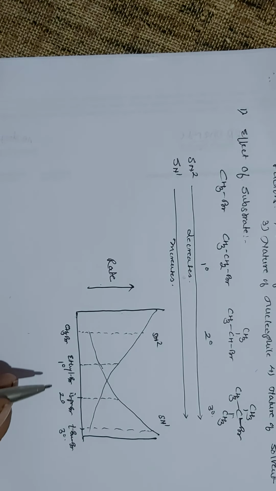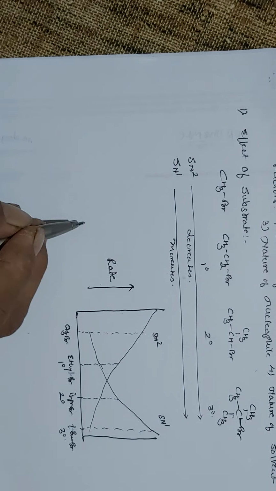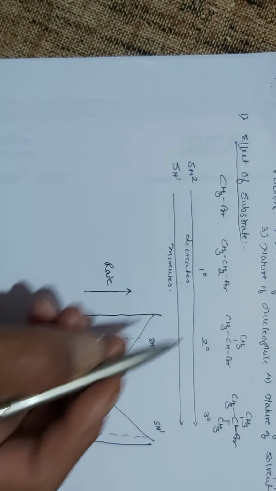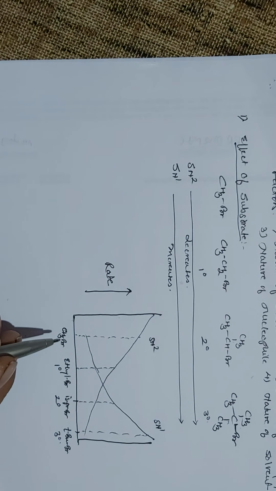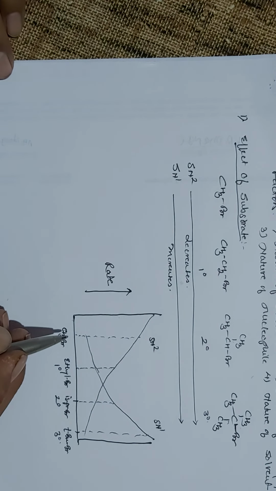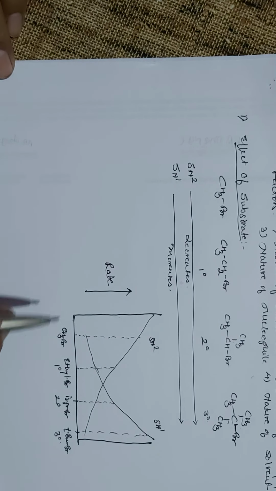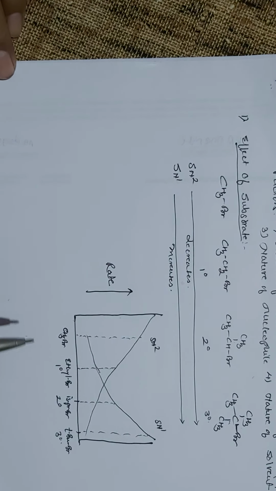And so the molecule prefers SN1 rather than SN2. In this way, the effect of the substrate takes place on the rate of SN1 and SN2 reactions. Depending upon the structure of the substrate molecule, the mechanism can be decided before proceeding to the reaction.